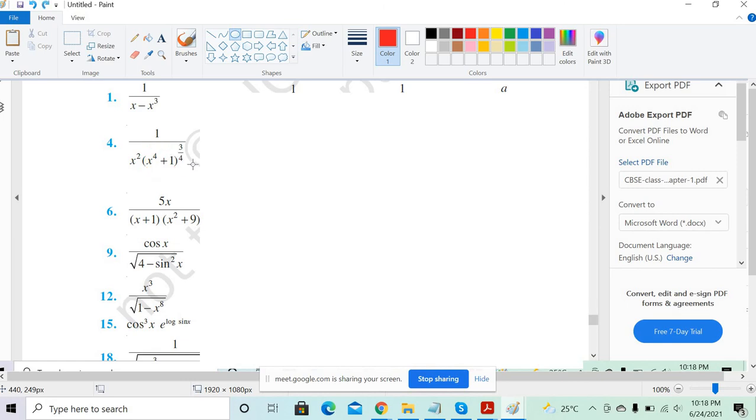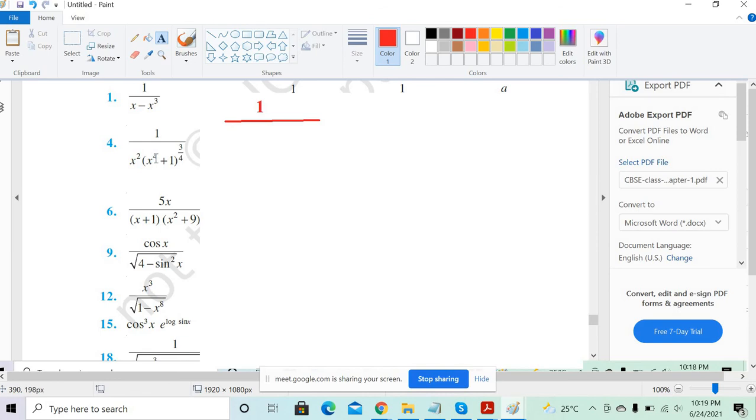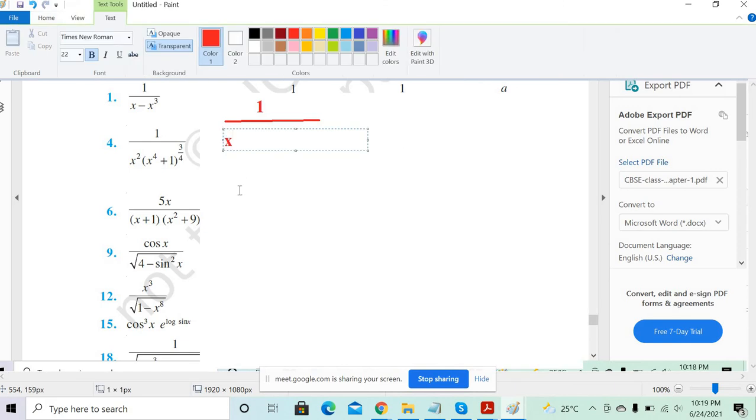What I meant is something like this. Let's say there is this part and the denominator. Now I'm taking x power 4 outside of this 3 by 4 root.